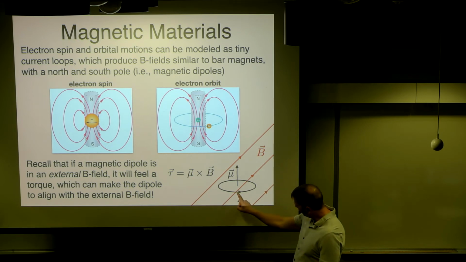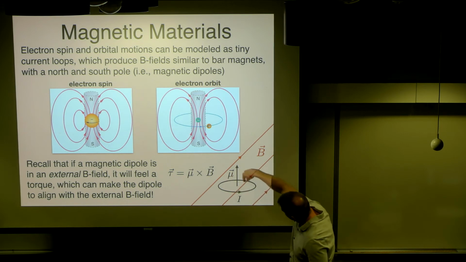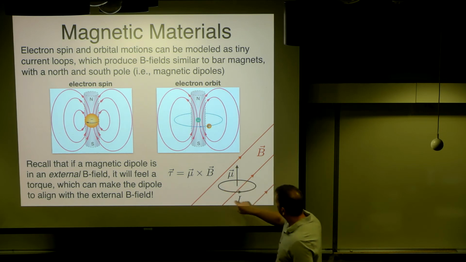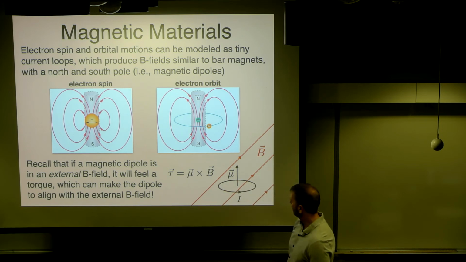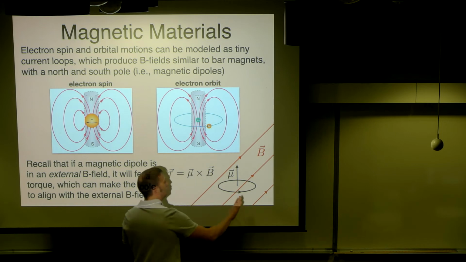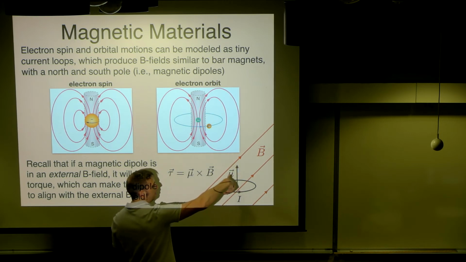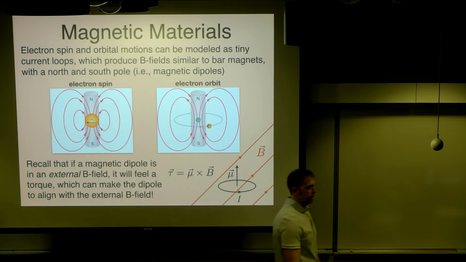Remember, if we have, let's say, this situation where there's current flowing in a circle like this, my mu vector is found by the right-hand rule, okay? So it looks like this. So I'll point my fingers in the direction of the current, thumb is in the direction of mu. Then, if I want to know what the torque that this thing is experiencing, I take mu cross B. So it's mu cross B like this. So it looks like it's going to be feeling a torque going like this in the clockwise direction.